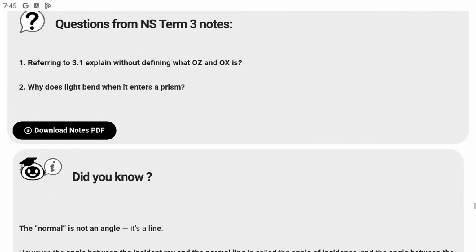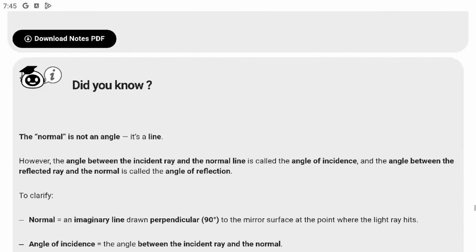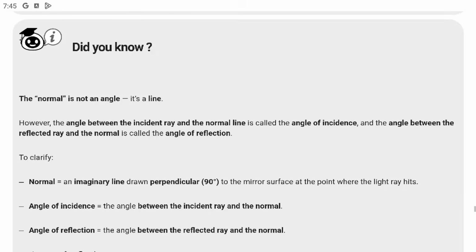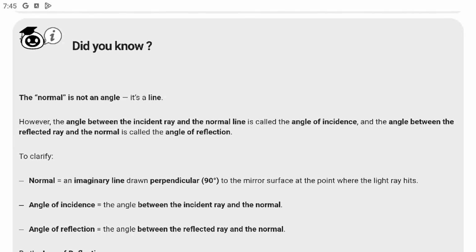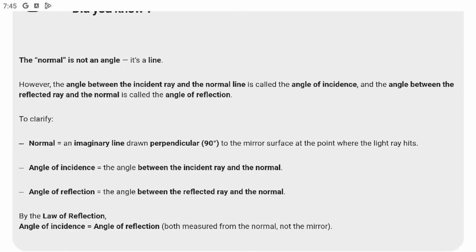So we have our little friend here who is asking, did you know? The normal is not an angle, it's a line. This is referring to the mirror.